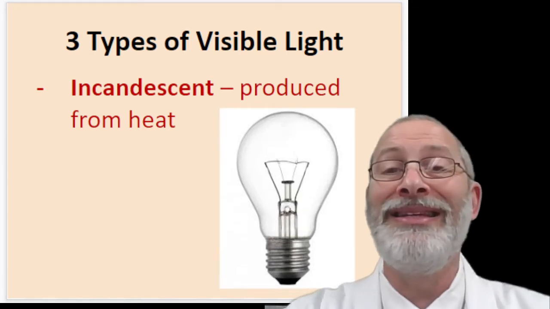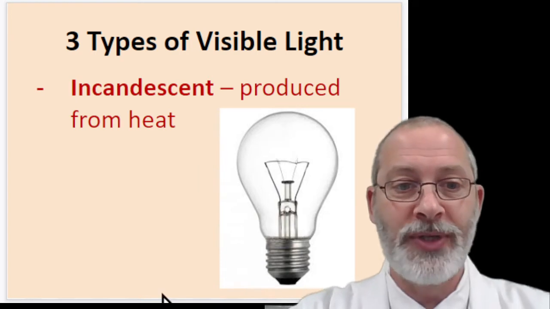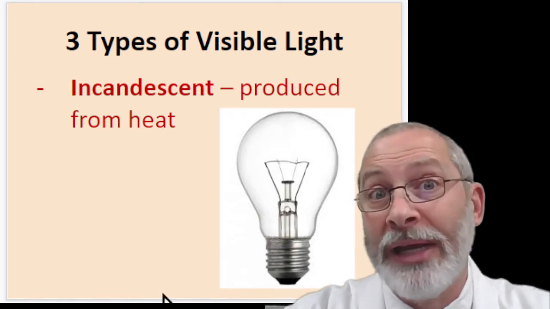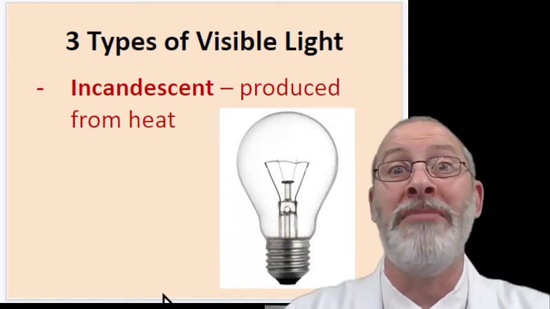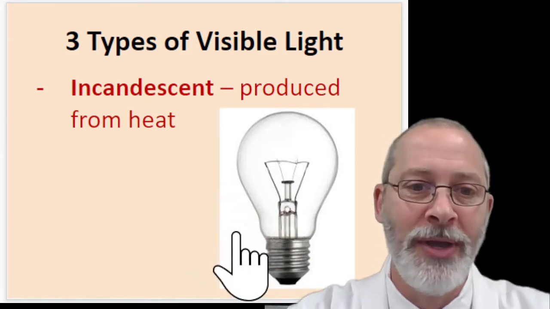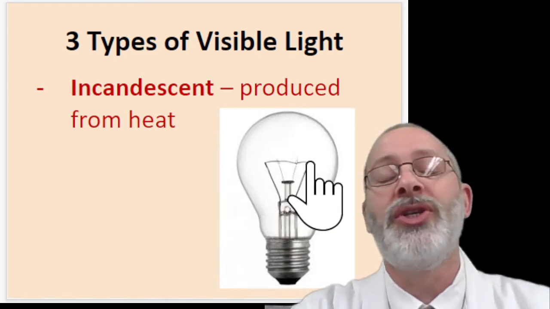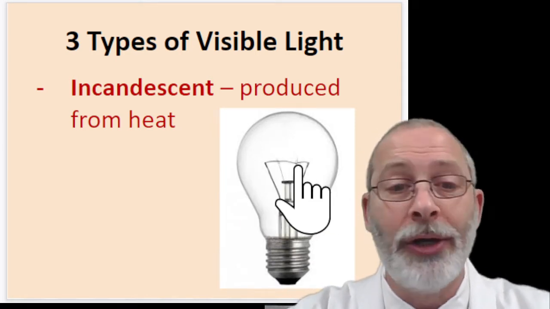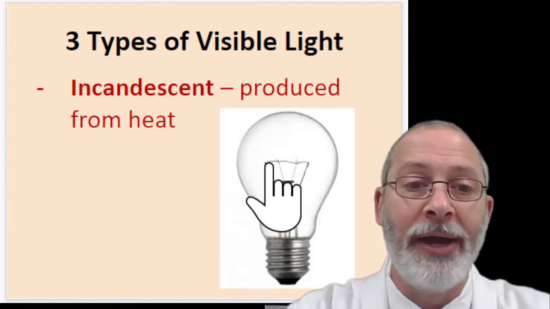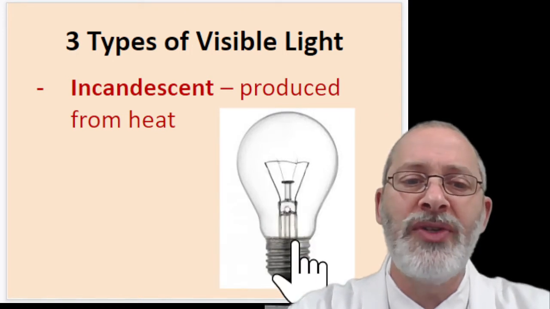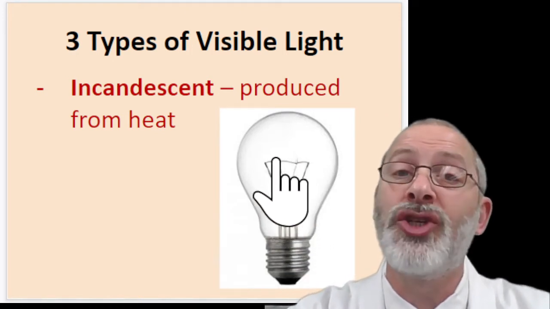Well, incandescent light bulbs are being phased out now, so some of you may not even be familiar with them, but incandescent light bulbs have a filament, which is a small wire, typically tungsten wire, that allows electricity to pass through it.